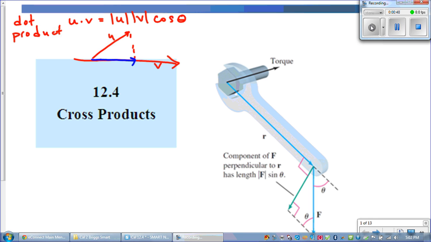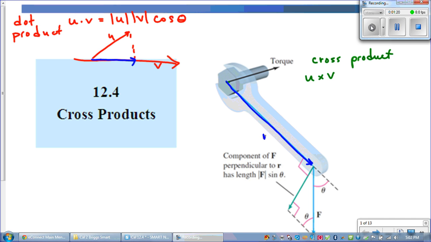Now we want to look at another multiplication. This multiplication is called a cross product. And we'll represent it as u cross v. Now u cross v comes from an application in physics where, let's say that we have a pivot point and we have a force which is represented by the handle of this wrench.